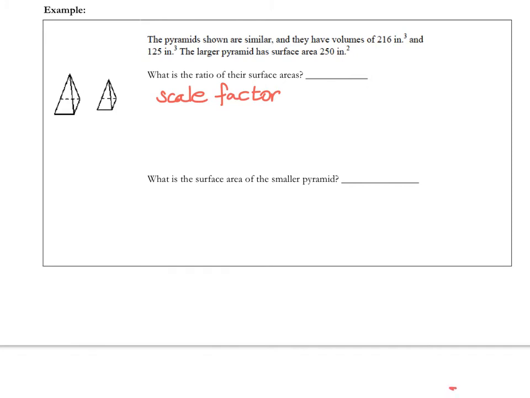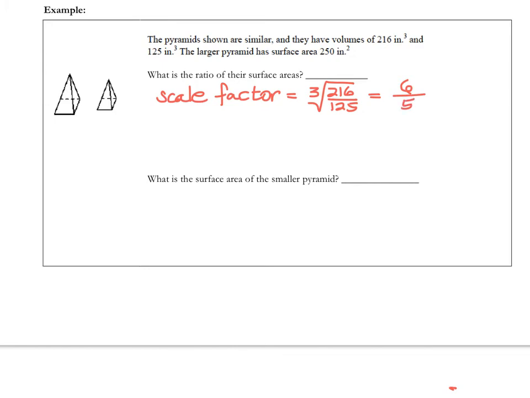The way we do that is we take the cube root of the ratio. If it was a 216 to 125 ratio of volumes, then the scale factor will be the cube root of 216, which is 6, and the cube root of 125, which is 5. It'll be a 6 to 5 ratio.